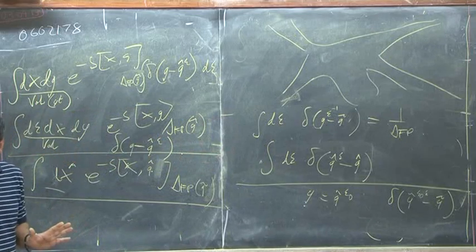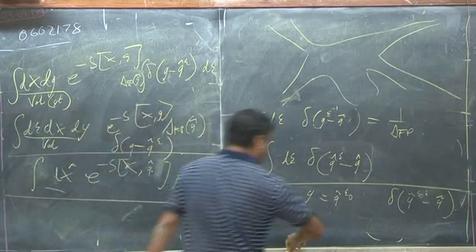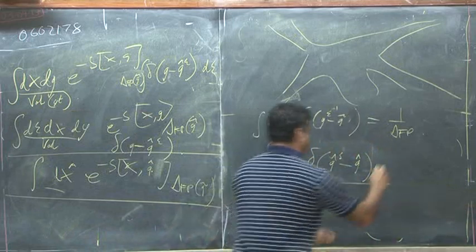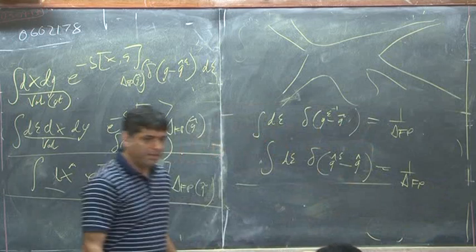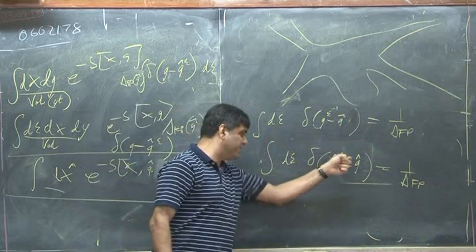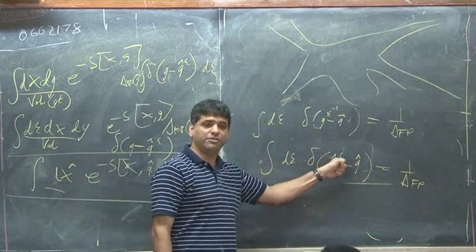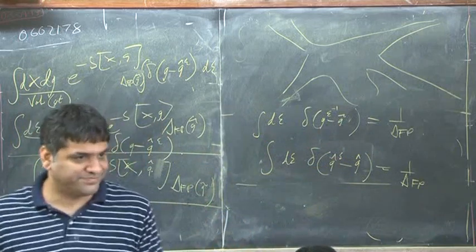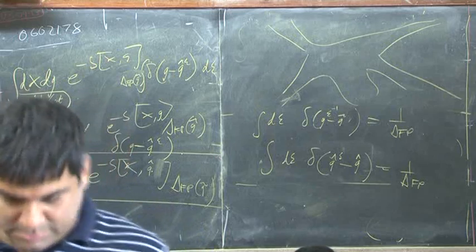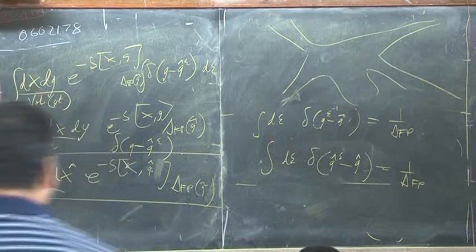Is this clear? So this Faddeev-Popov determinant can be written in this form. And with this choice of variables, it only receives contributions from zeta in the neighborhood of identity. Alright.